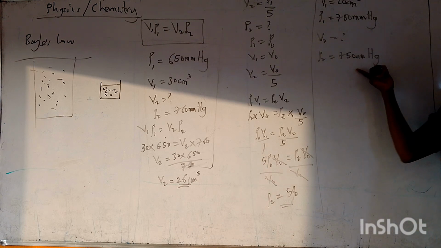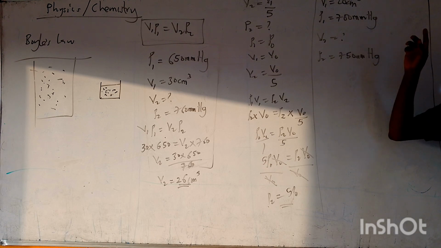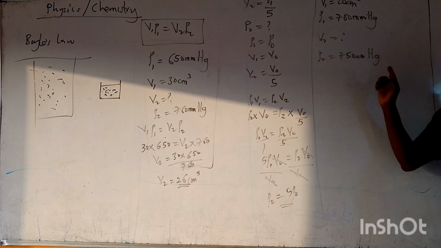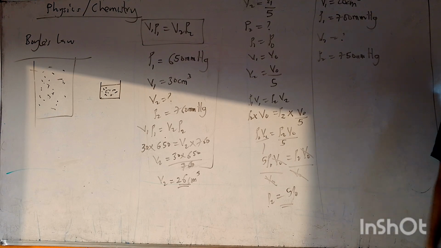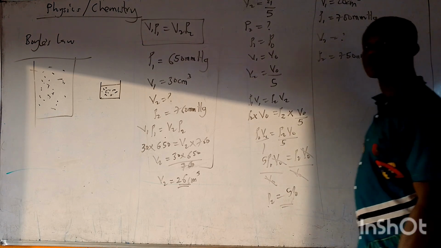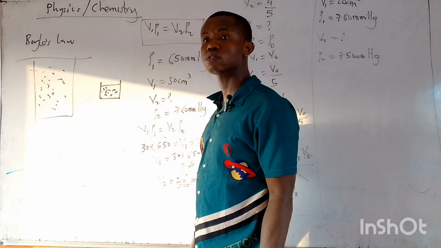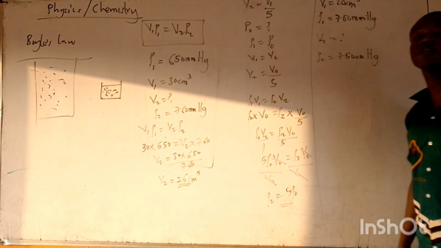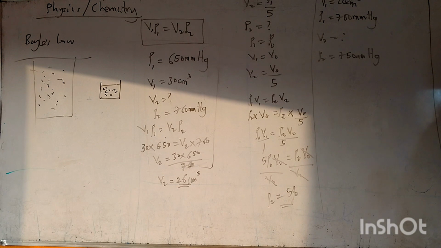Though if it is centimeter mercury, if you see it in a JAMB setting, you have to convert centimeter to millimeter. It's not 1,000. We can derive that.